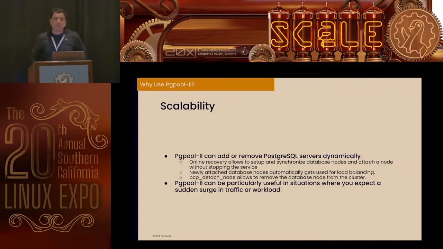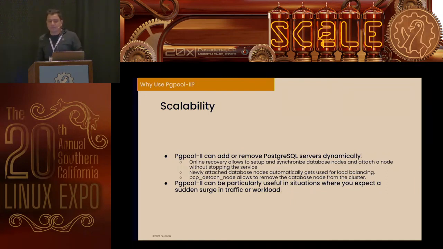And finally, scalability. Again, there are functions like attach and online recovery in Pgpool that can add and remove standby nodes on the fly. For a particular workload where you can expect spikes, for example once a month, you can put Pgpool on top of the cluster.